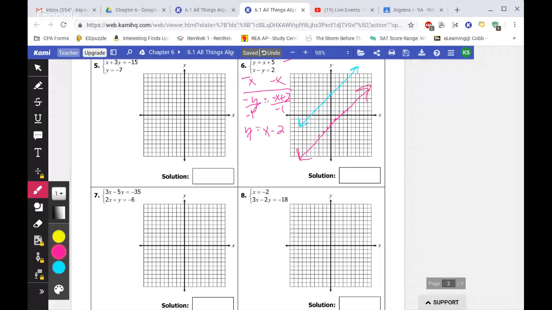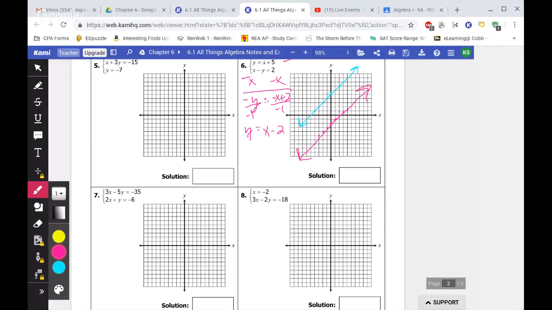are parallel lines. So for parallel lines, what do we know about parallel lines and what the answer would be? The circle with the cross through it.